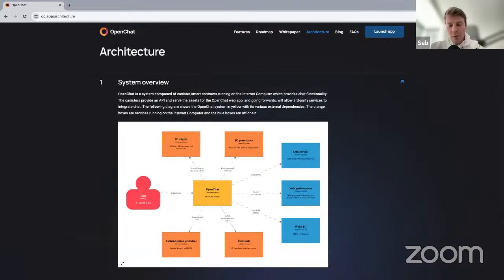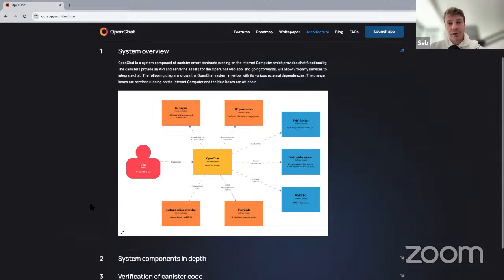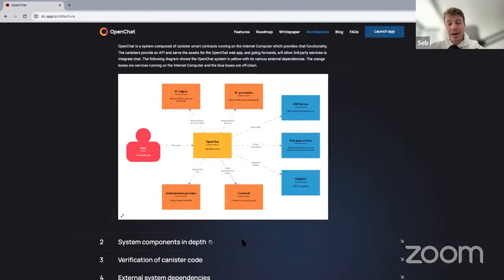Okay, so OpenChat, why I love them is more of a technical reason than a business reason. Tiger is more of a business, social type of interest. OpenChat is really about how they've built the application. I think it's one of the most technically advanced applications on ICP because they use a multi-canister architecture.